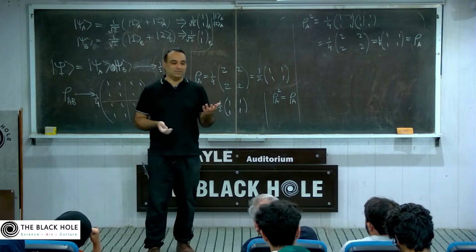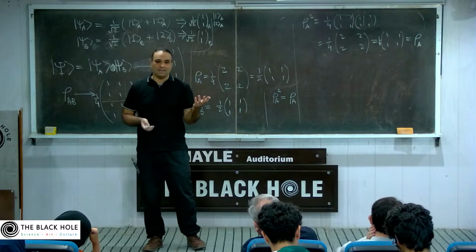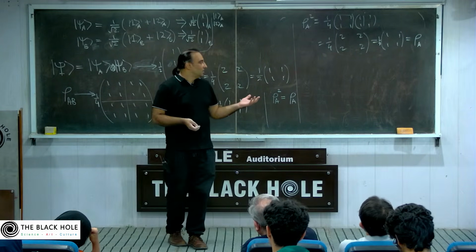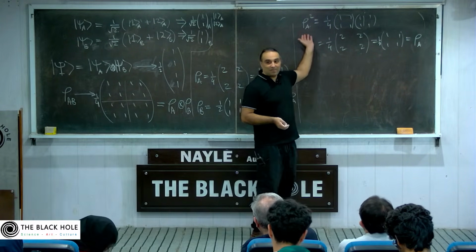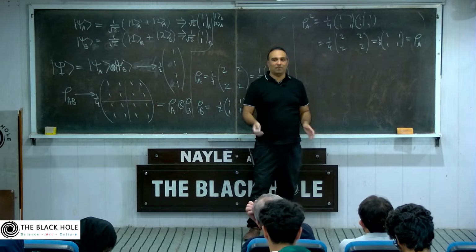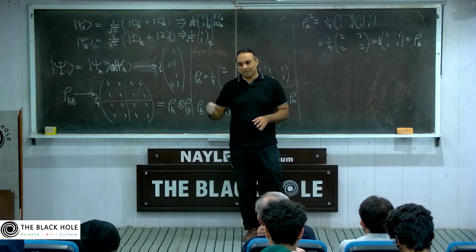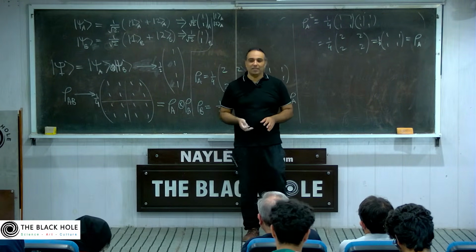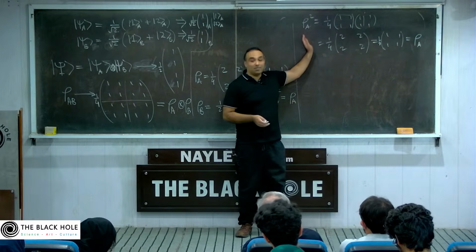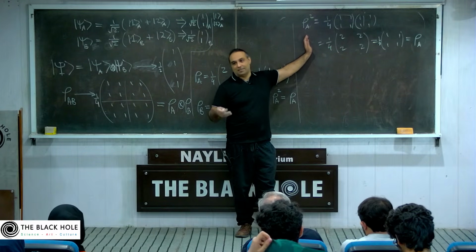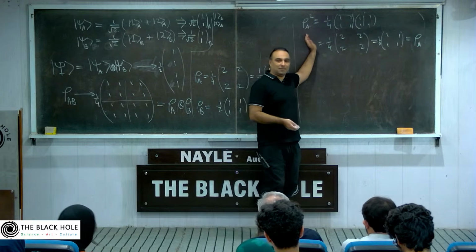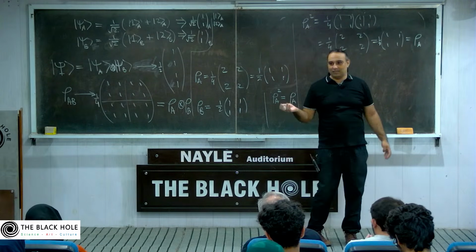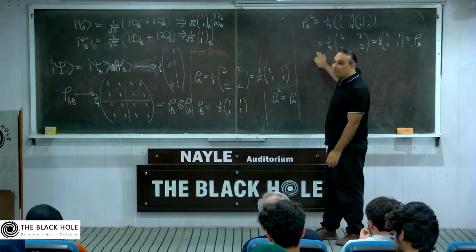It's just a way to represent the state of a subsystem. So these reduced density matrices represent the state of our subsystem. Doesn't matter if it's entangled or not. It can represent the state when it's entangled, and it can represent its state when it's not entangled. It's a general formalism.